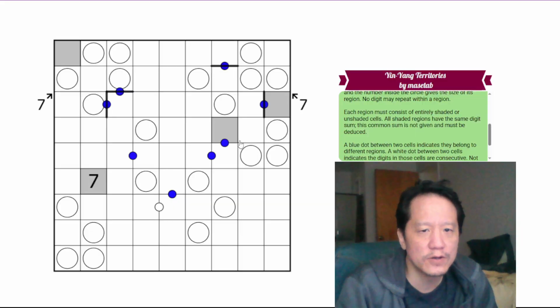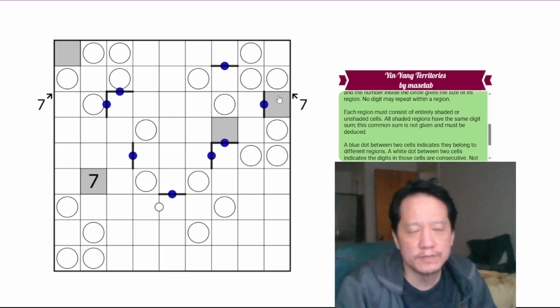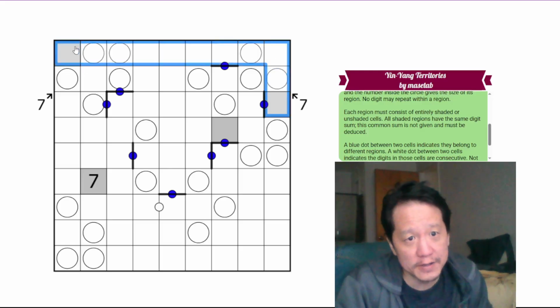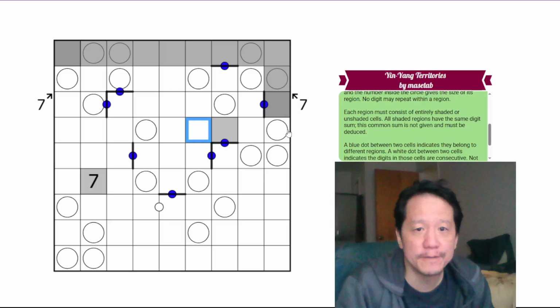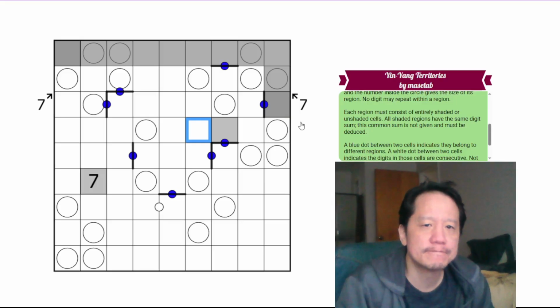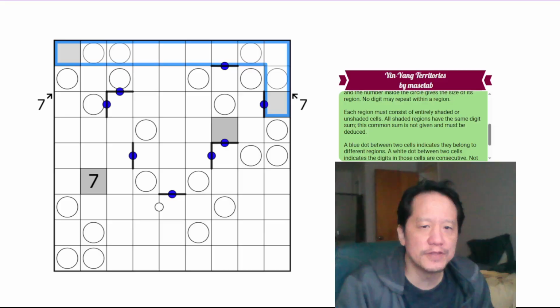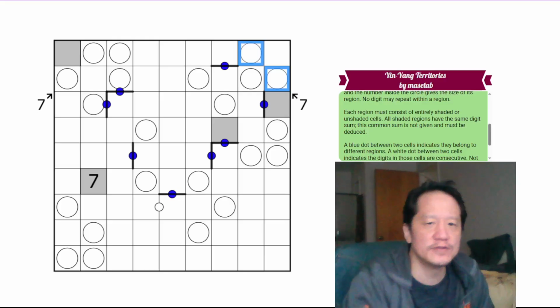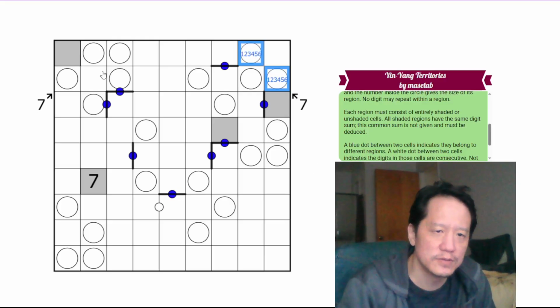Here, here, here, here, and here. Okay, so say we had the shading be this way. Another thing we have, though, is these must add up to 7, so it's 1 through 6 here.